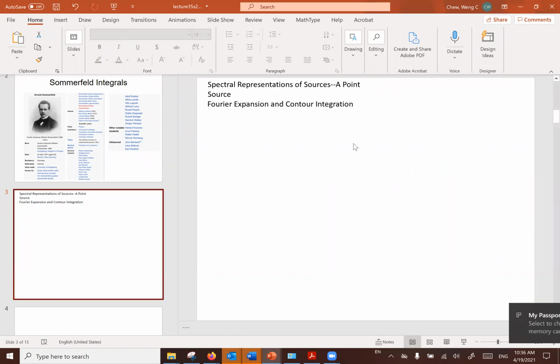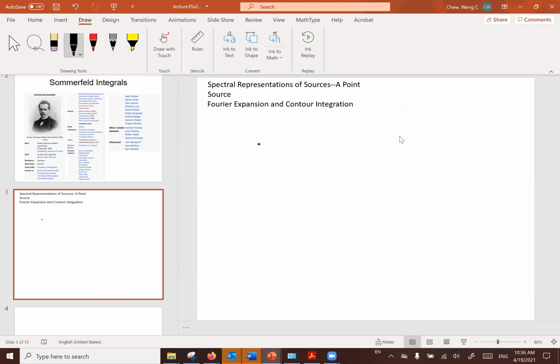The idea we have learned in this course is that when you have a point source, the point source produces spherical waves. These spherical waves can be described, for instance, in a very simple case by e to the ikr over r.